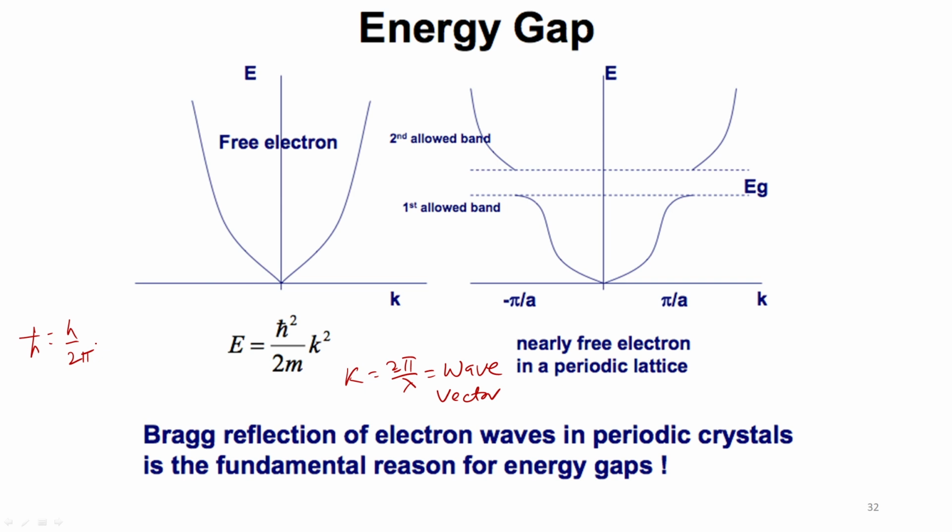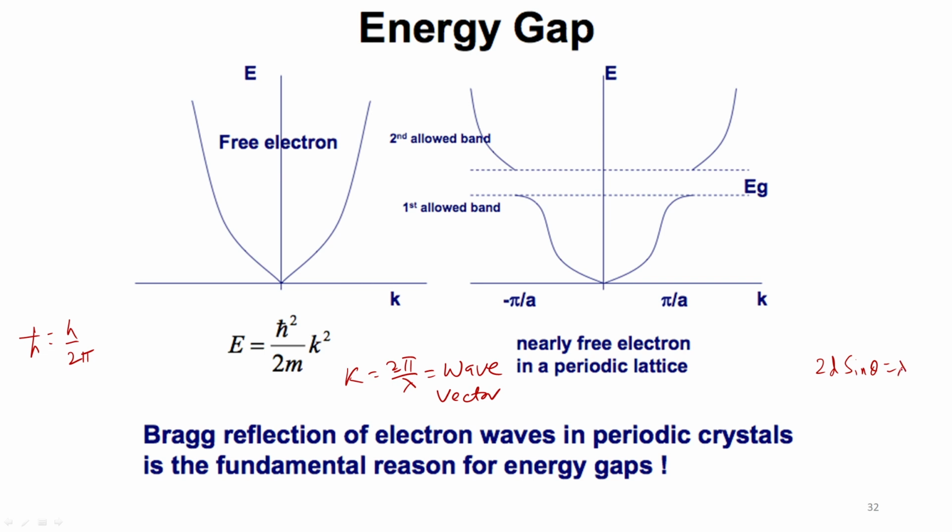Now, as you know, electrons also undergo diffraction. Therefore, there will be certain energy levels where electrons will not be present because of the Bragg condition to be satisfied. Bragg condition we know: 2d sin theta is equal to lambda.